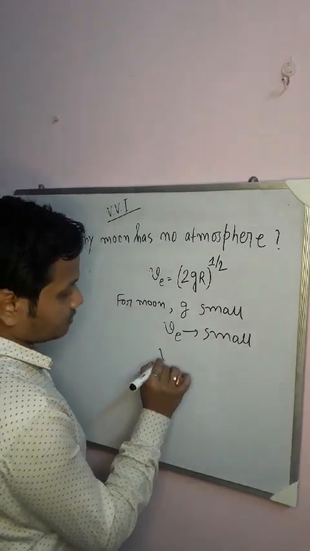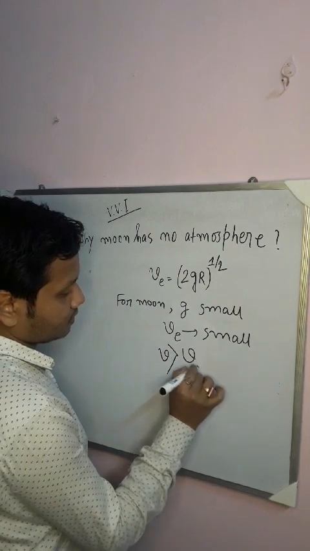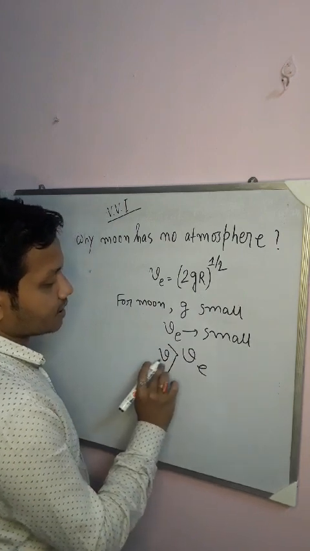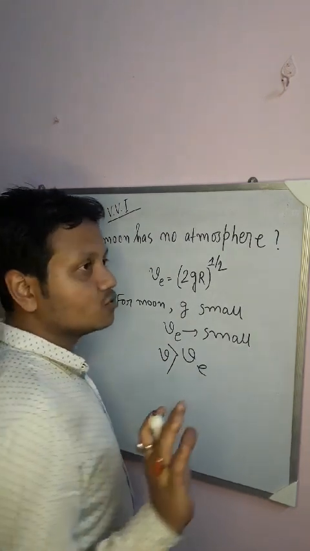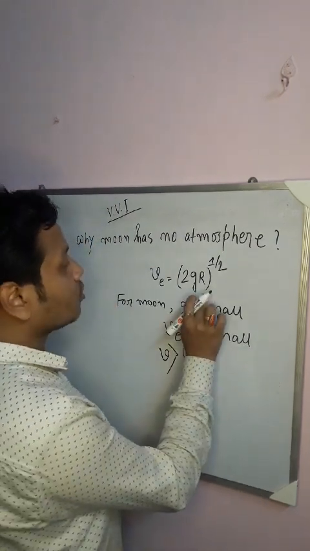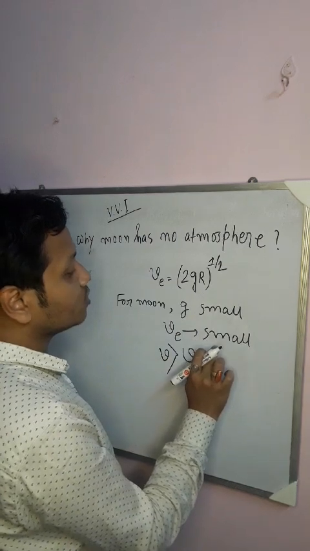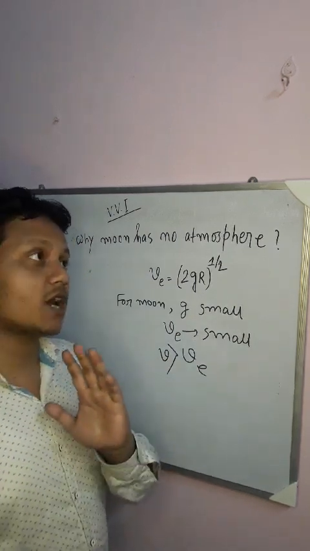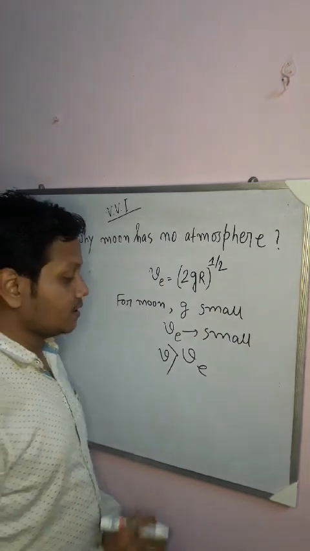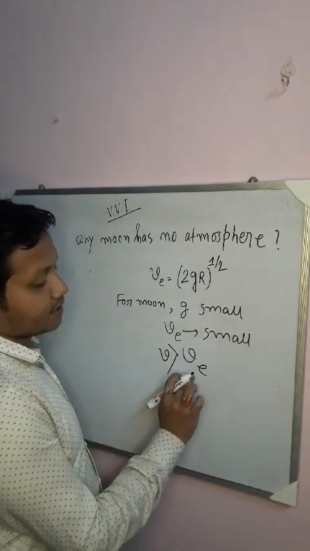That means this condition, this is the thermal velocity of the gases. Okay, we all know that acceleration due to gravity is small, so g is small, so escape velocity at moon is very small, in comparison to the thermal velocity of the gases. Okay, so thermal velocity is greater than escape velocity.